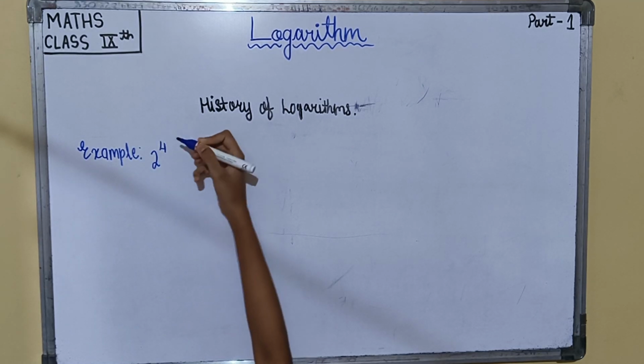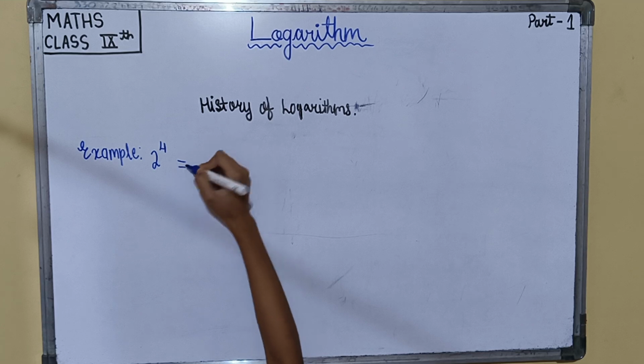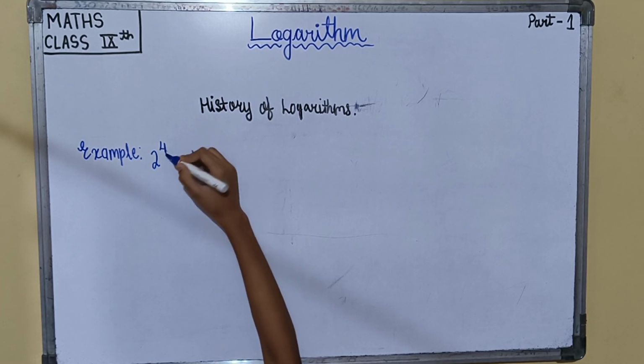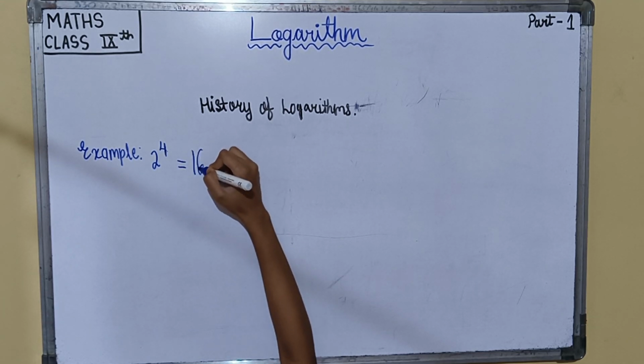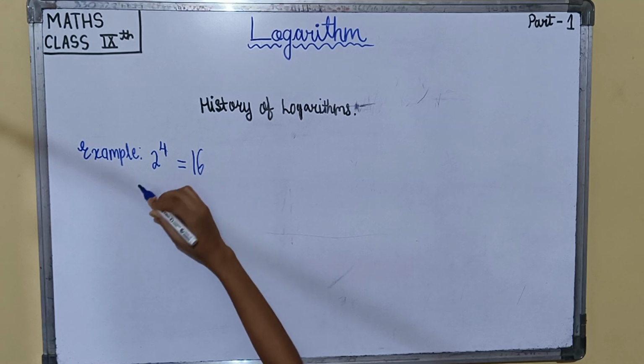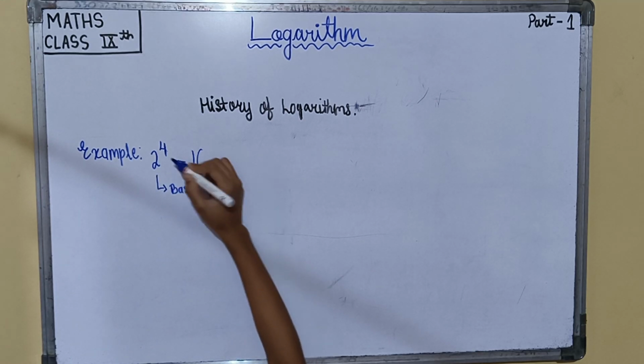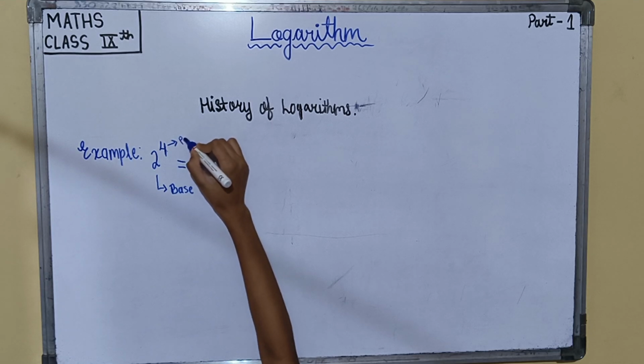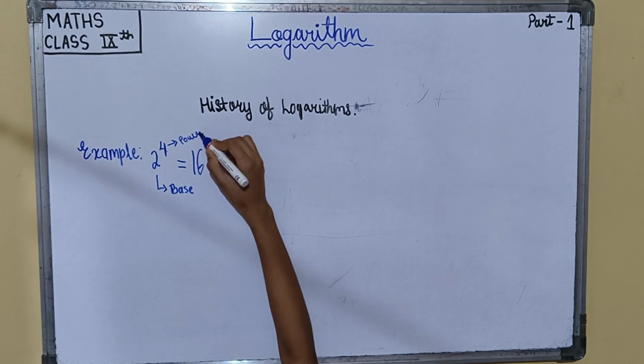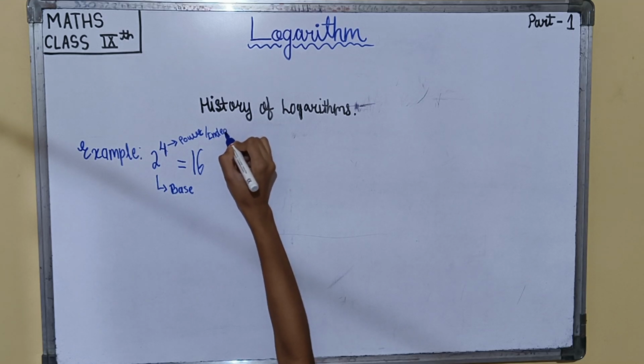2 raised to 4 is equal to 16. We know 2 raised to 4 is equal to 16, and this 2 is our base. This 4 is power, or we say it index.